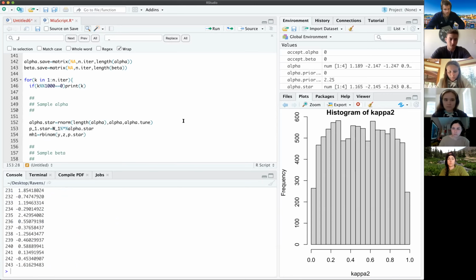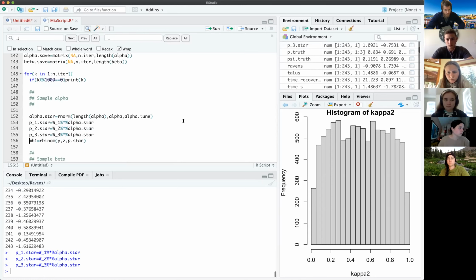So we could either just do P underscore 2 dot star and then do W underscore 2 times alpha star, and then do the same for 3. Okay.